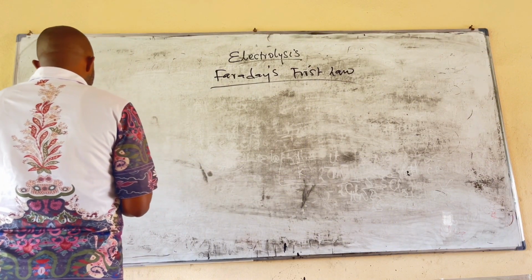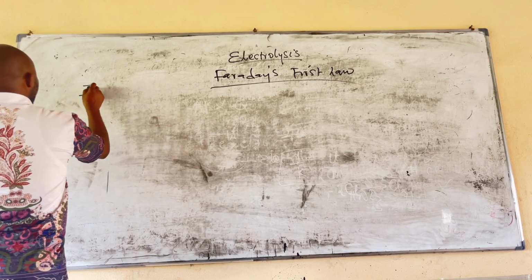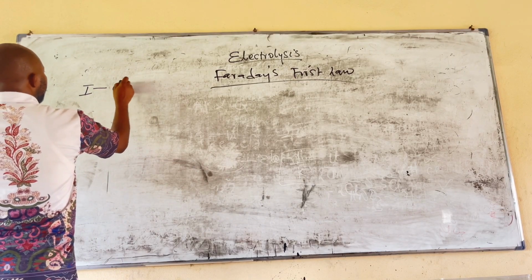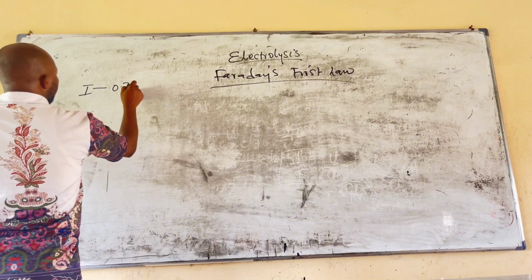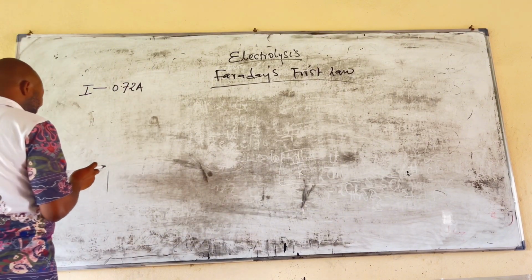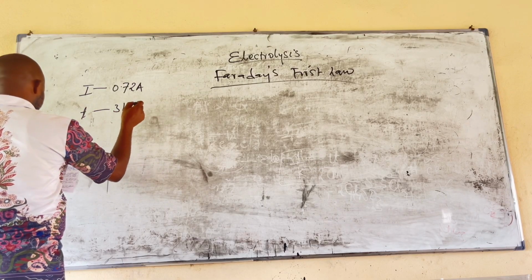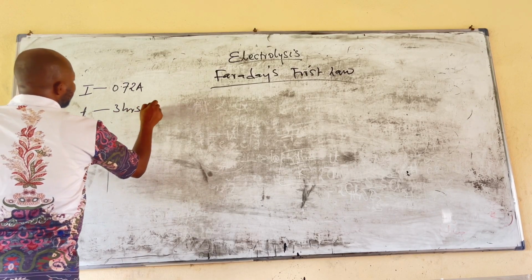Now, I have a current, current is I, of 0.72 amperes passed through a solution of an electrolyte for 3 hours 20 minutes. So time is 3 hours 20 minutes.